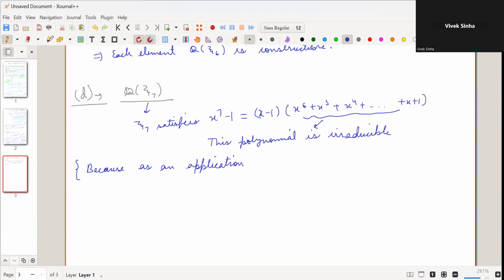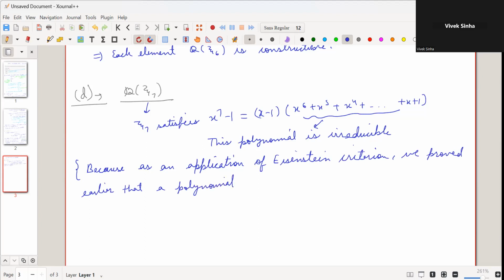not directly by Eisenstein criteria, but using some tricks, as an application of Eisenstein criteria, we showed, we proved earlier that a polynomial 1 plus x plus x square and so on to x to the p minus 1 is irreducible over Q if p is a prime.